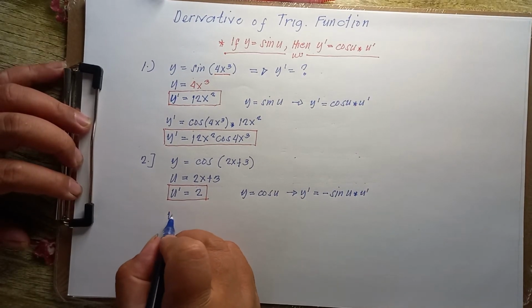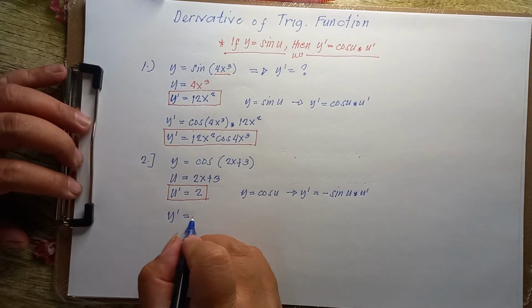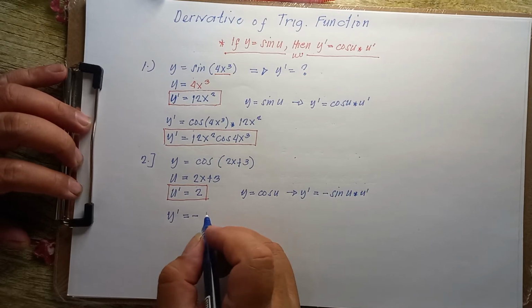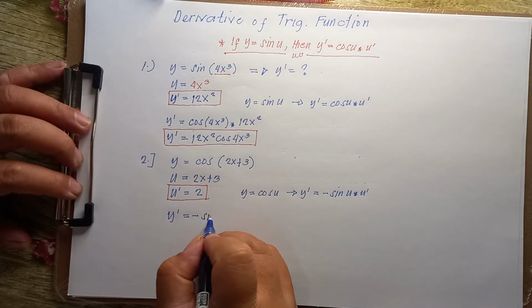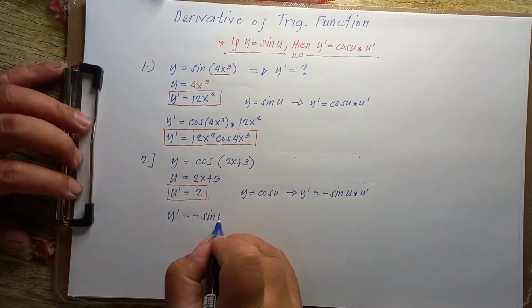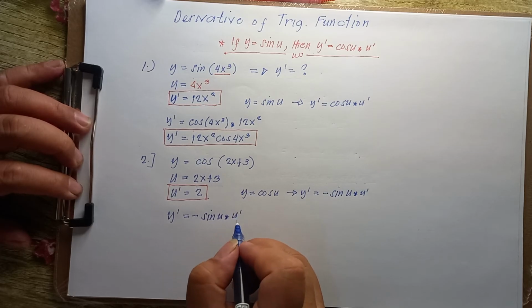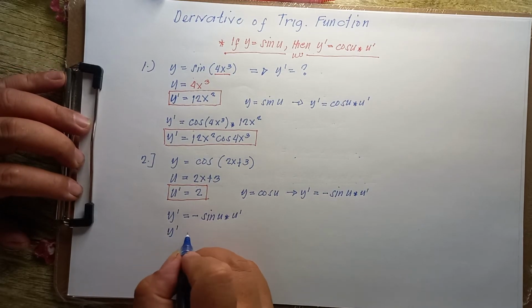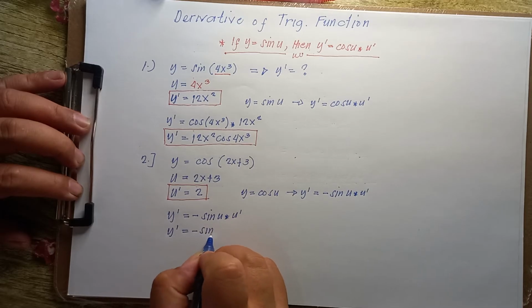So our y prime now is the same as negative sine u times u prime, which is the same as negative sine.